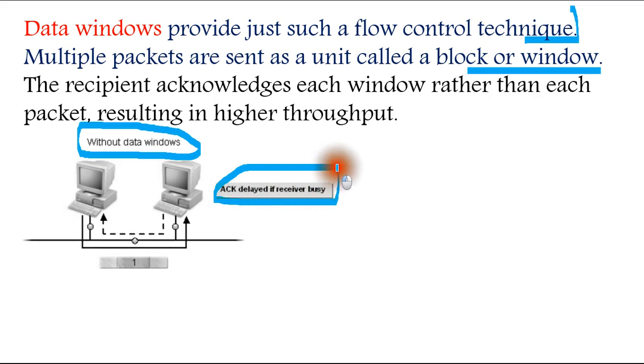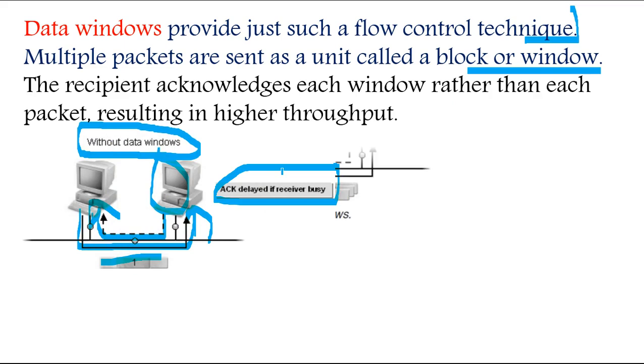You can see this is your sending and this is your receiving, and this data is going from here to here, and if this computer is busy, the acknowledgement going to this machine may take some time without data window. Now what will happen if we are using data window here?